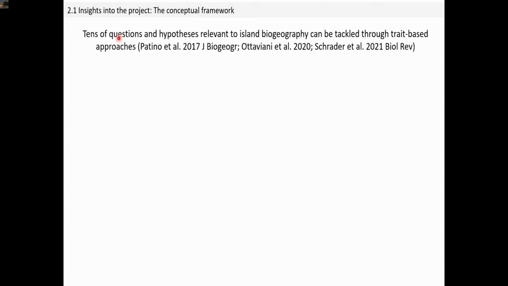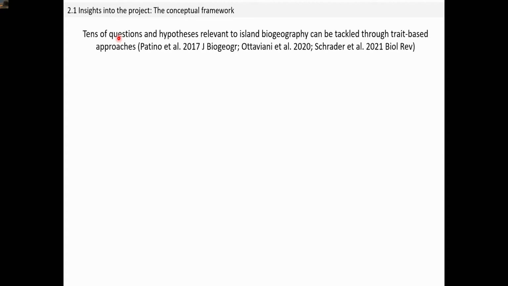So as I was saying, by using trait-based approaches, we can address quite a lot of questions, actually, more than 30. According to Schrader, they identified 33 hypotheses and questions that can be tackled.